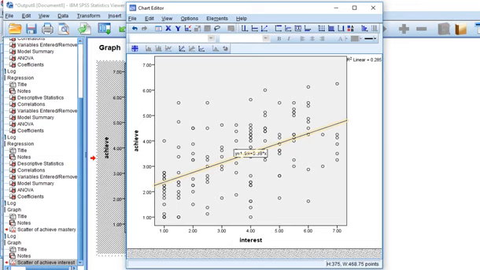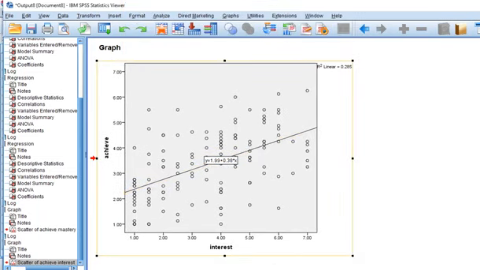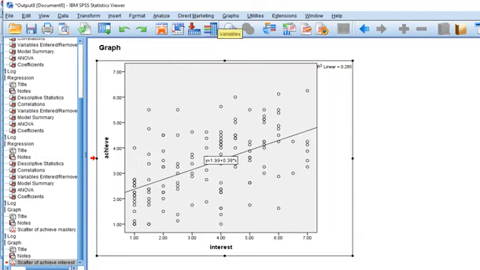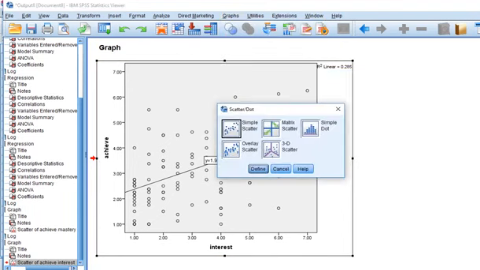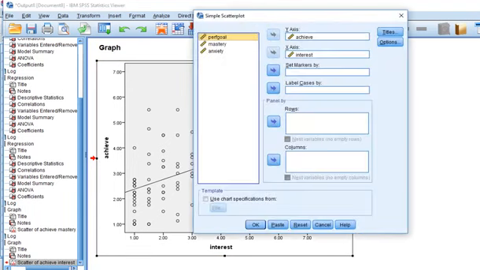It's a little hard to read, but it's 1.99 plus 0.38 times x. So that's the regression equation, the prediction equation. And so you can see that there seems to be a positive predictive relationship in the data.